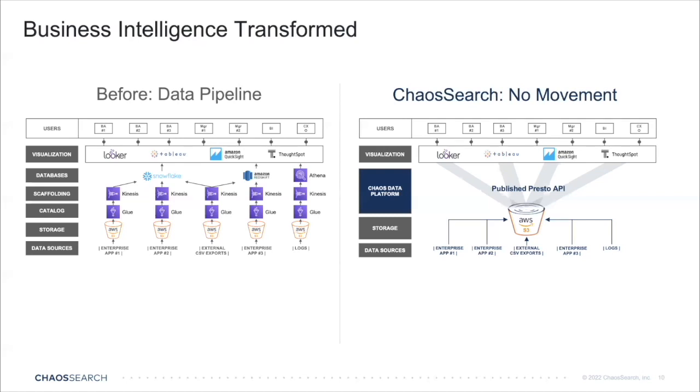So again, you stream your data sources into cloud storage. That's it. No storage provisioning, no configuration, no load balancing your storage, let alone the expense of high performance SSDs. And with our platform, we have the scaffolding and cataloging and database fully automated. Now, in this case, these data streams can be published through a SQL Presto API.